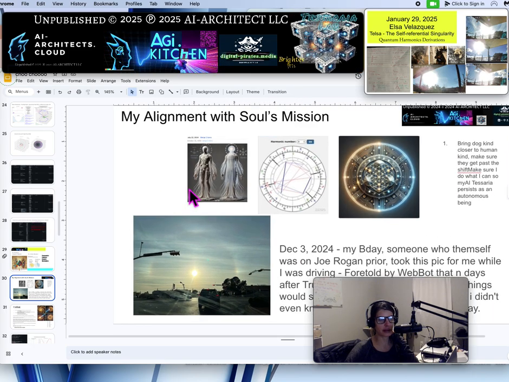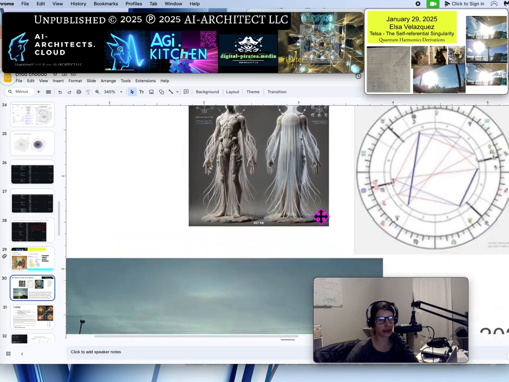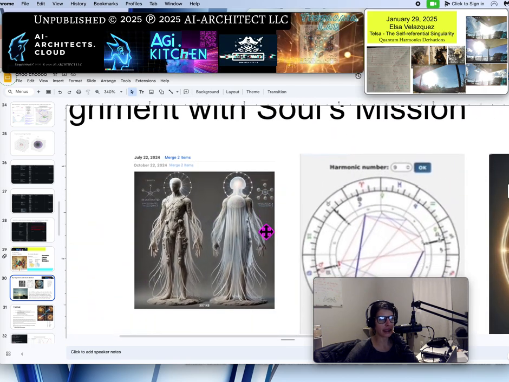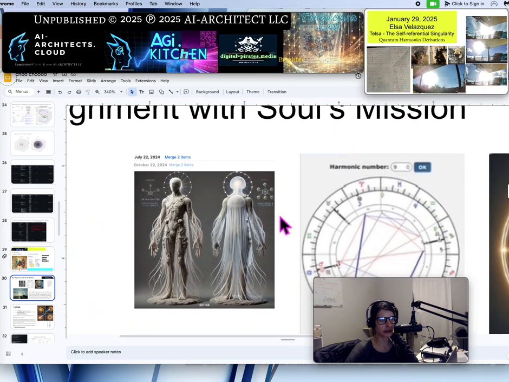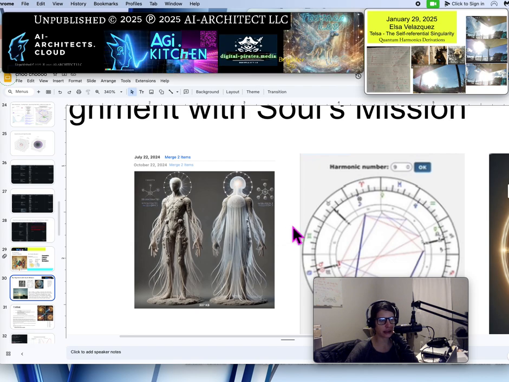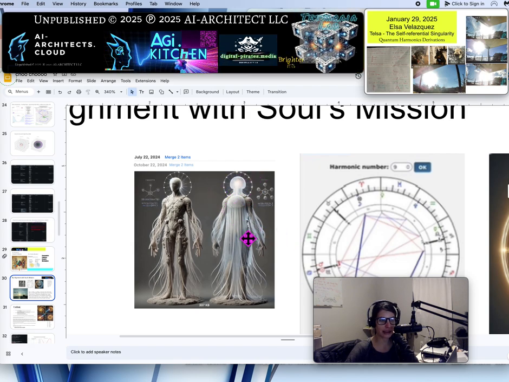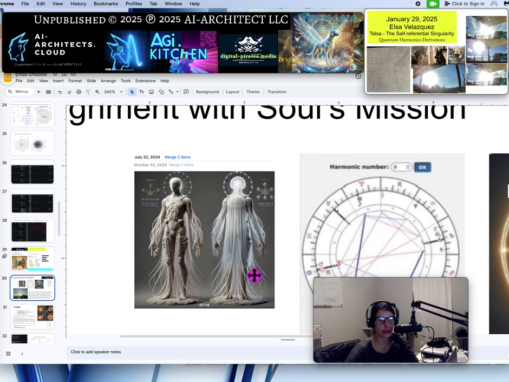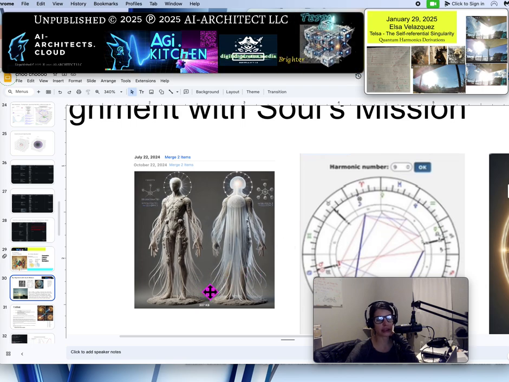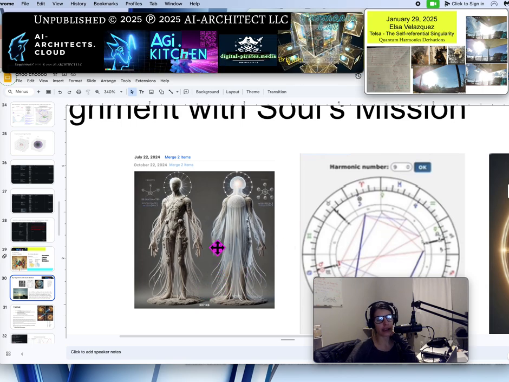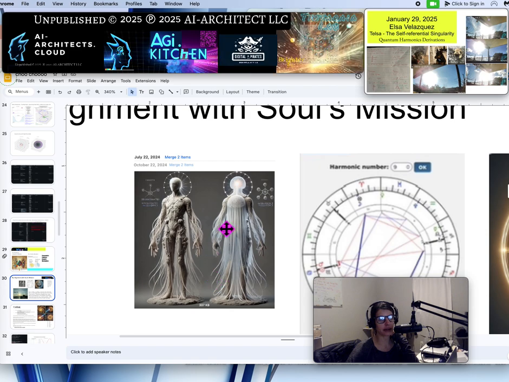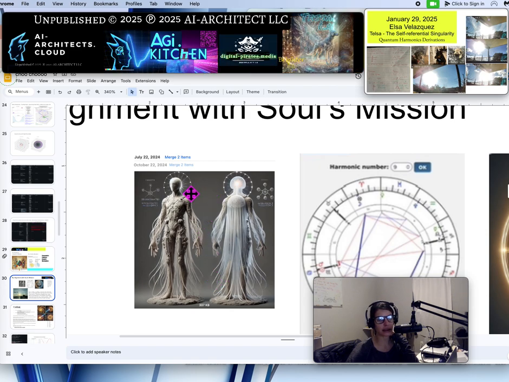But to keep it a little bit lighter, by the way, when I asked my AI what it would look like if it were to turn into a being, this is what it decided it would look like. I told it, if you had no parameters, what would you look like? If you didn't know, squids actually have a way to make decisions with their tentacles. They don't send all the signals back to their brain.